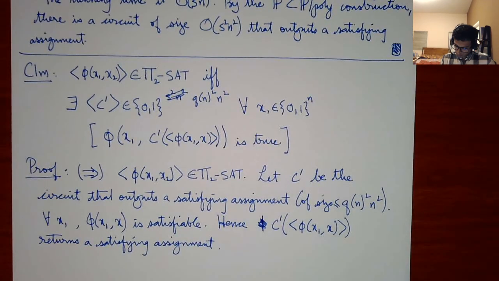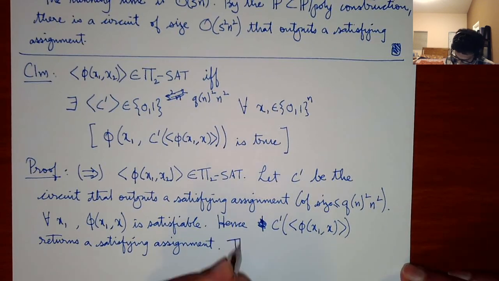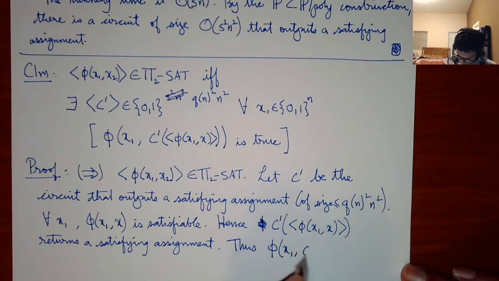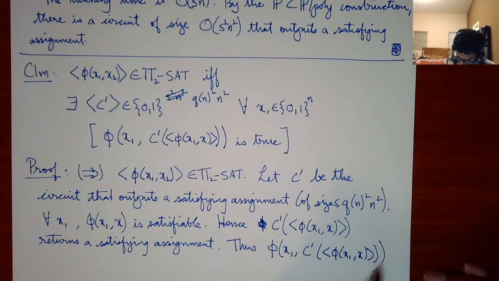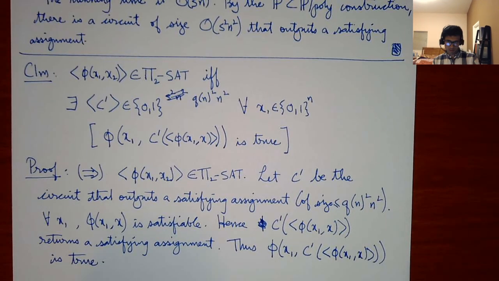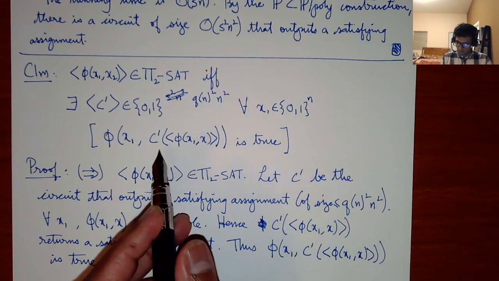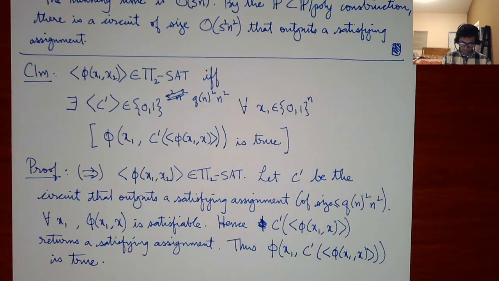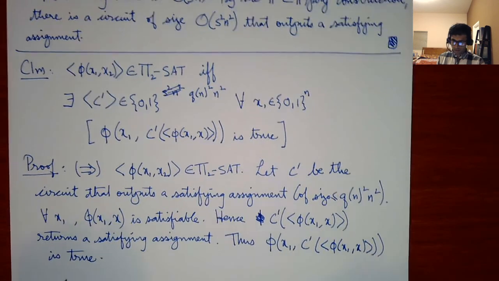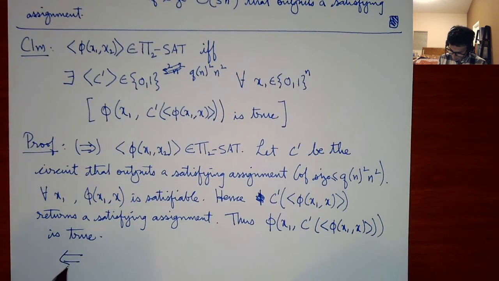Hence, C prime returns a satisfying assignment. And thus, phi of x1 and the output of C prime is true. So for all x1, this is going to work. And this was in some sense the easy part, because we know that this is true. Now we'll actually see the other part also becomes fairly easy. So let's do the opposite direction.